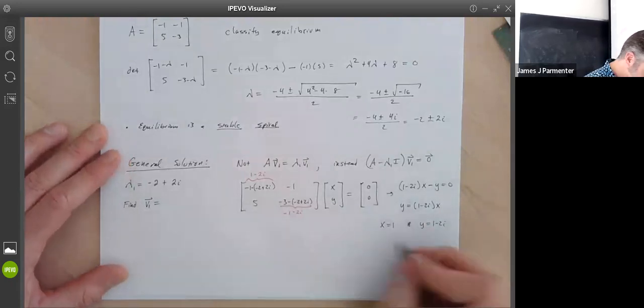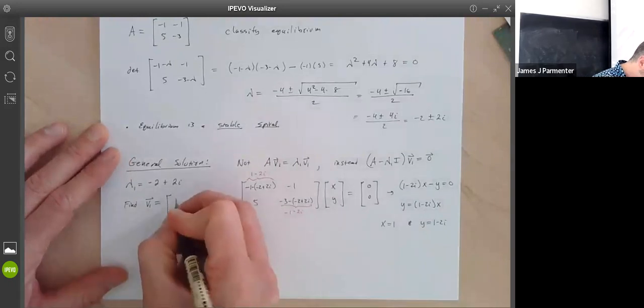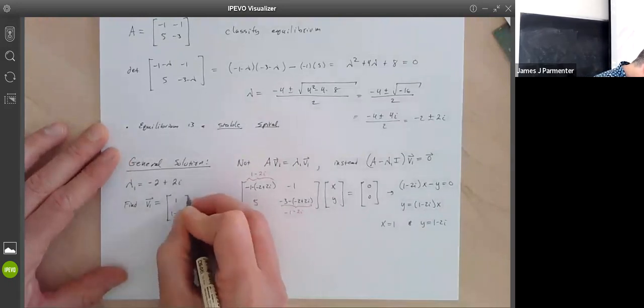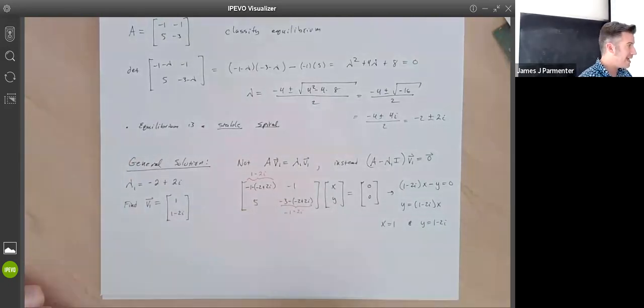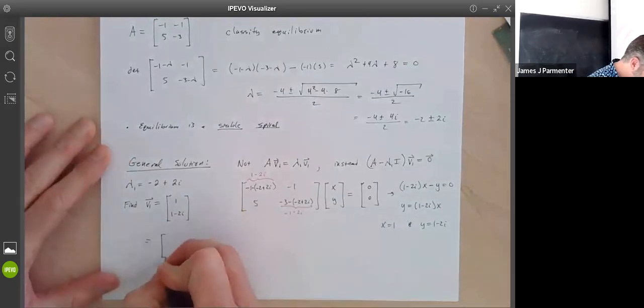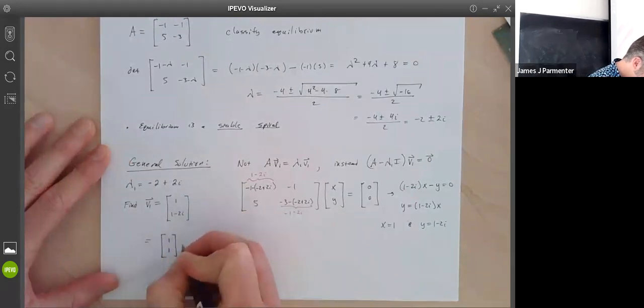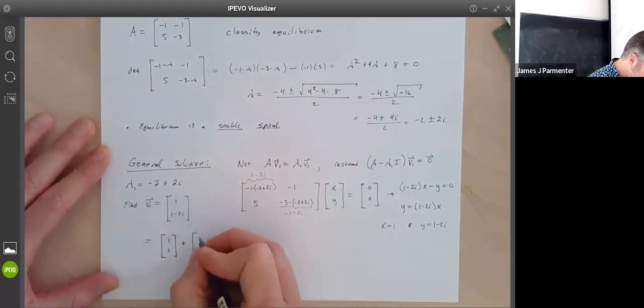So my eigenvector is going to be the vector 1, 1 minus 2i, which we want to write as a real vector plus an imaginary vector, meaning I'm going to break apart the real pieces and the imaginary pieces.